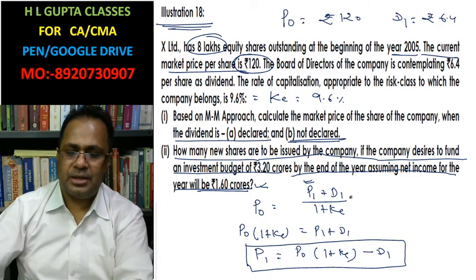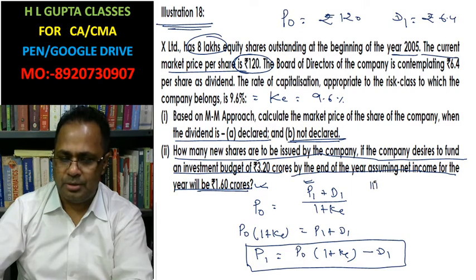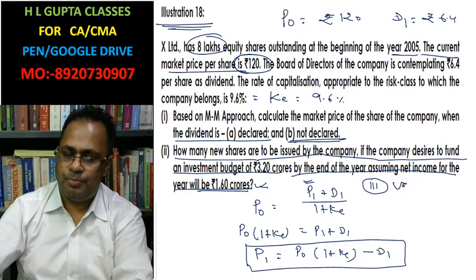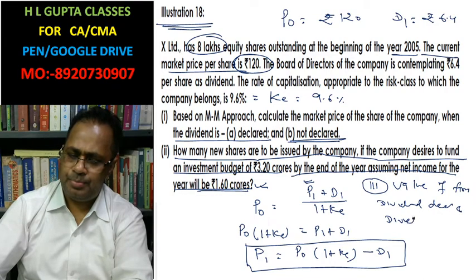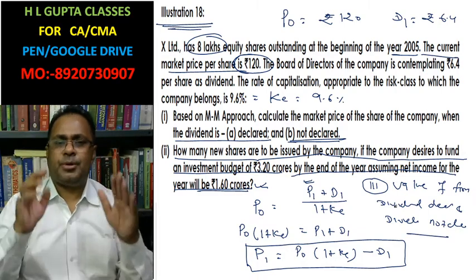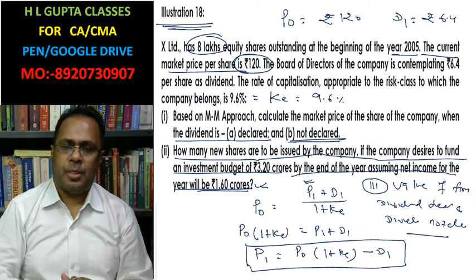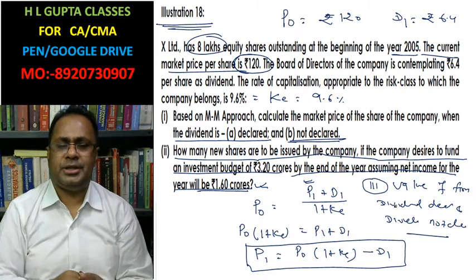In the third part of the question, I am going to find the value of the firm when dividend is declared and when dividend is not declared. As per the Modigliani-Miller approach, the value of the firm is irrelevant.